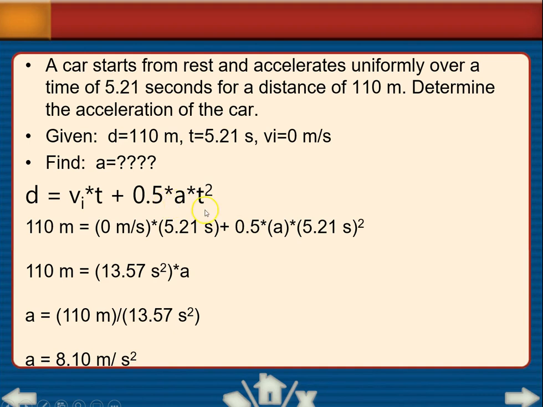Plus then we have the 1/2 a, which we don't know. t is 5.21 seconds, and we have to square that. So this whole first term goes to 0. 1/2 times 5.21 squared is 13.57 seconds squared. So you divide 110 by 13.57, and you get 8.1 meters per second squared.